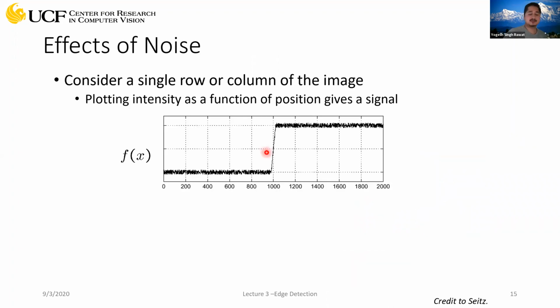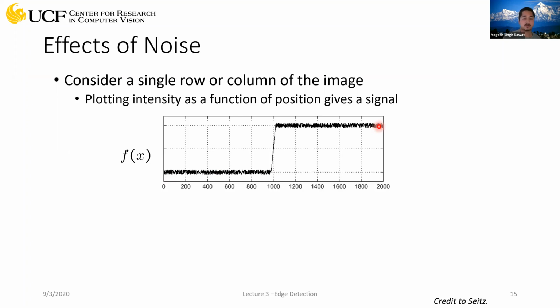Let's look at this curve again. It's a ramp function, so you have an edge here. Now, if you add some noise, at a higher level you're not changing the function. You still have low values here, then it's increasing, and then high values here. The noise is not that huge; you're just adding some perturbations to each pixel value.